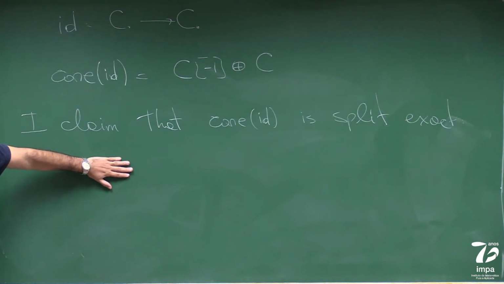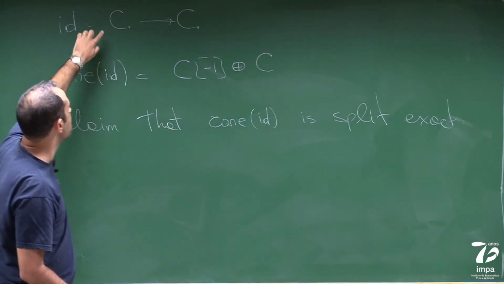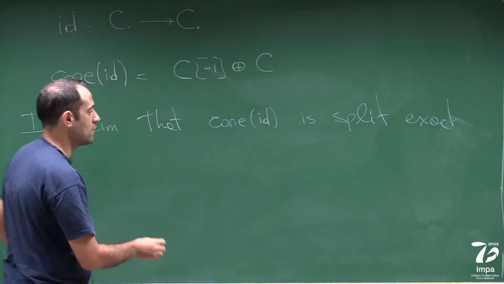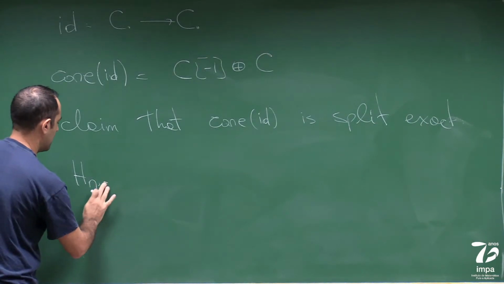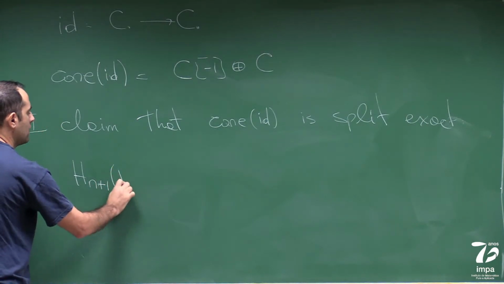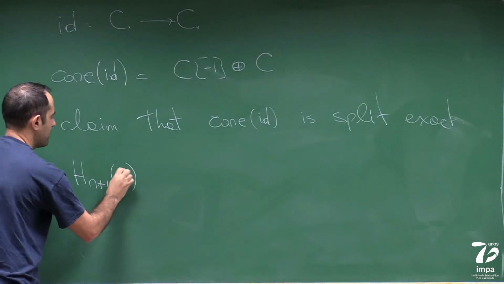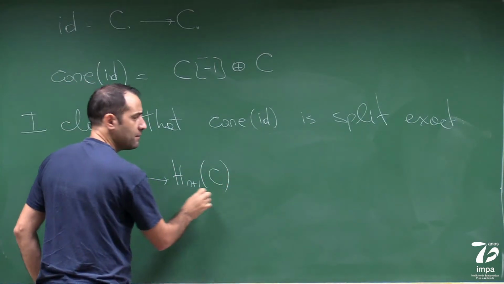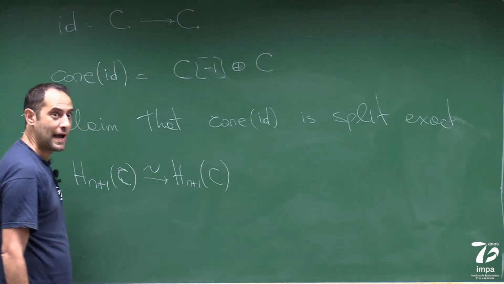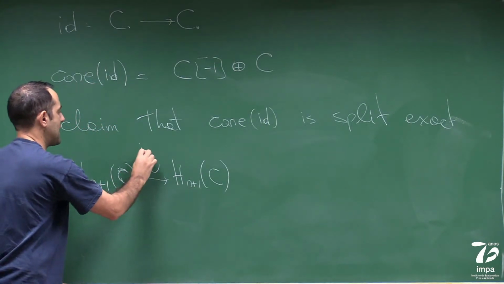So the identity certainly induces the identity mapping on homology. For the cone of the identity, where B is C, that sequence looks as follows. It looks like H_{n+1} of the complex B, which is just C, to H_{n+1} of the complex C. And this obviously has to be an isomorphism because it's just the identity star.